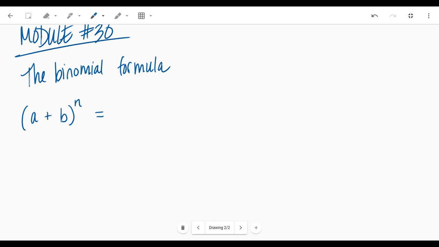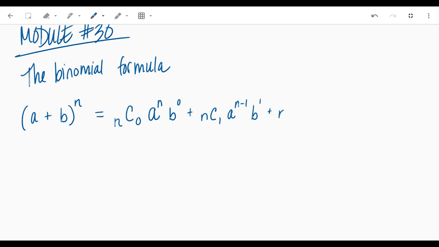First of all, we have what's called n choose 0. This is going to be like a coefficient, and then a to the n, b to the 0, plus n choose 1, a to the n minus 1, b to the 1, plus n choose 2, a to the n minus 2, b to the 2.